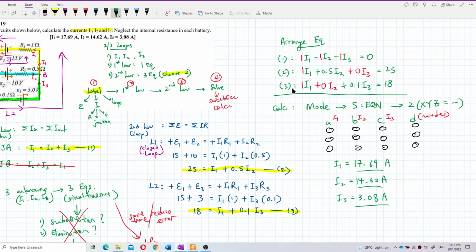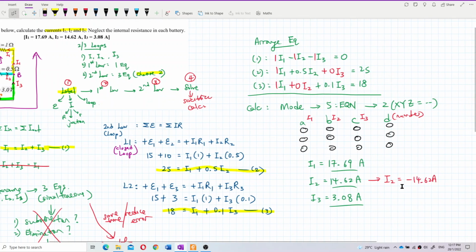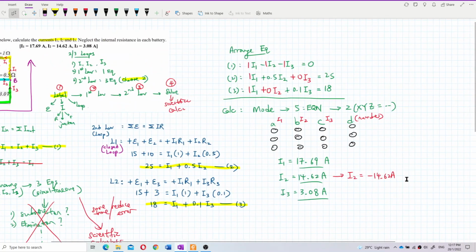And sometimes this answer you will get a negative value. Let's say for I2, maybe you get negative 14.62. If you get a negative value, what does it mean?